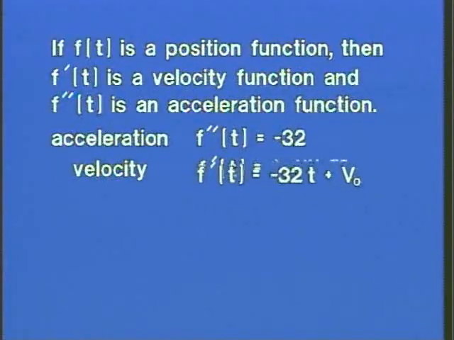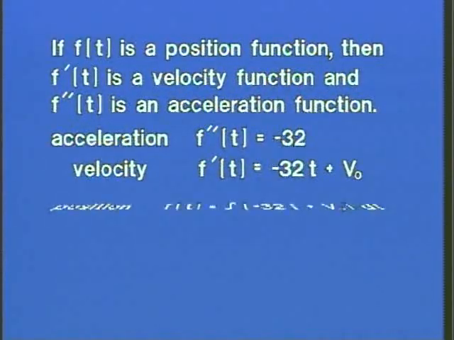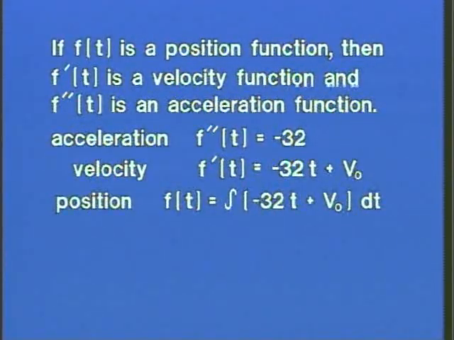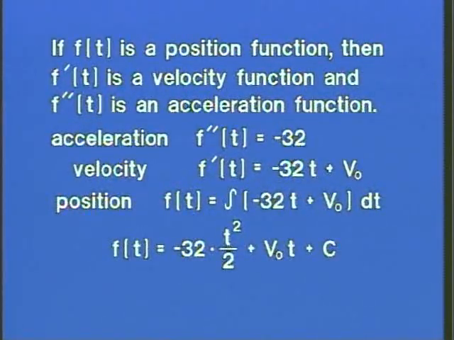All right, now we'll turn our attention to the position function, and the position function is the antiderivative, or the integral, of the velocity function. So we want the integral of negative 32t plus v0 dt. We take each part separately: negative 32t to an exponent 1 larger than 1, that's 2, and then divide by 2.